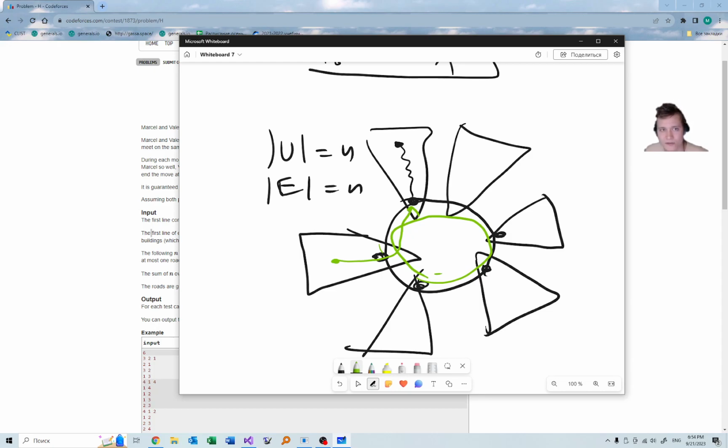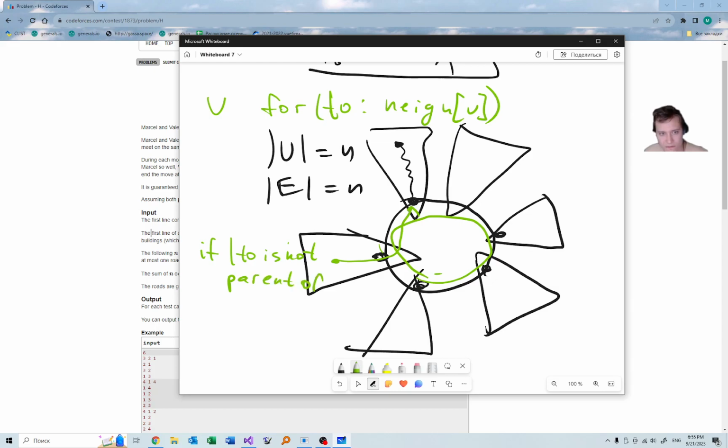What is DFS? You are in some vertex V, you iterate over its neighbors, and you run DFS. If 2 is not the parent of V and not visited, then DFS of 2.